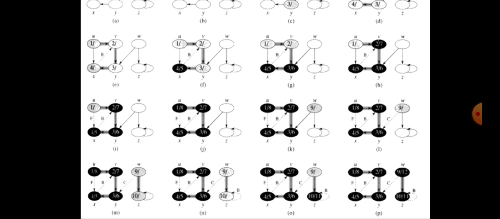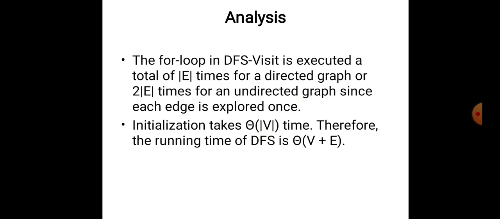Then there are mainly 3 types of edges. What is the analysis of DFS? In the DFS analysis, the visit is executed, and the for loop is executed a total number of edges times for a directed graph, and for an undirected graph it is 2 times the edges.